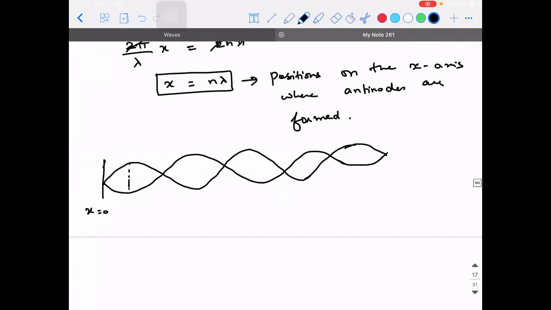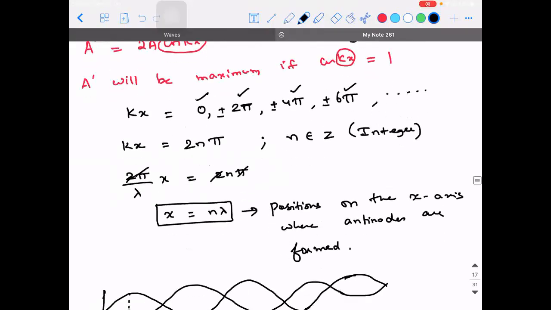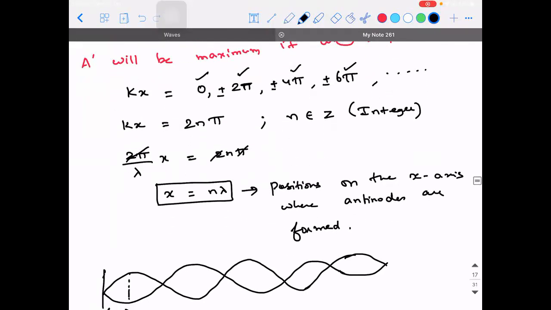Lambda is the distance where the first node is formed. This lambda, 2 lambda is the position where the second antinode is formed. Are you able to understand? So it keeps on going like this. Please make a note of this point. This is very, very important.